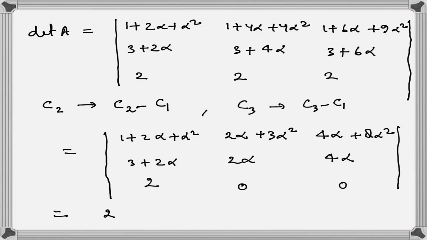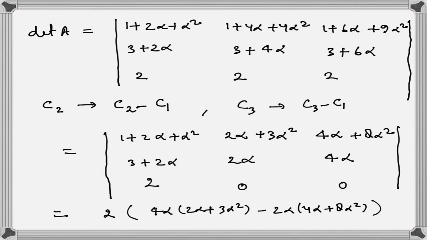This is nothing but 2 times [4 alpha into (2 alpha plus 3 alpha square) minus 2 alpha into (4 alpha plus 8 alpha square)], and this gives me 2 times (8 alpha square plus 16 alpha cube).